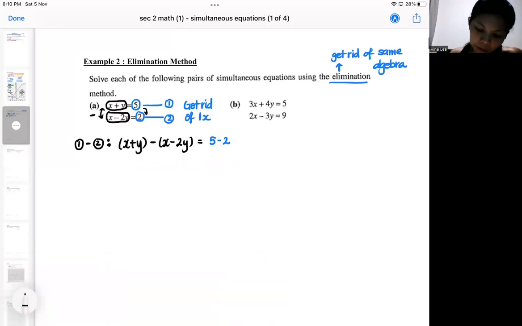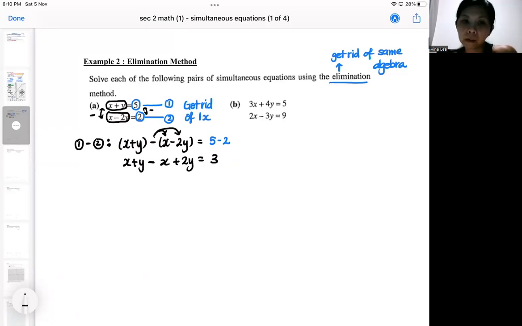Here, I'm also going to subtract. So when I subtract, do your normal algebra. Open up the bracket. In the first place, there should be a bracket. And you will find that your x is being cancelled away.